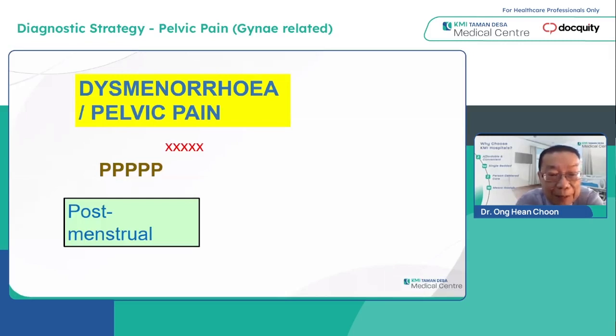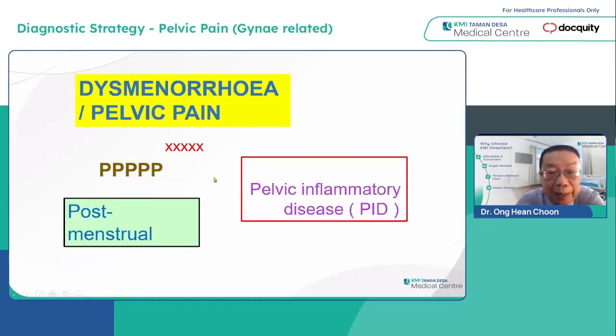Sometimes the pain occurs only after the period, post-menstrual pain. And with this sort of pain, it is commonly due to PID. So that helps us to have some clues as to what is the possible source of the pain in this woman.